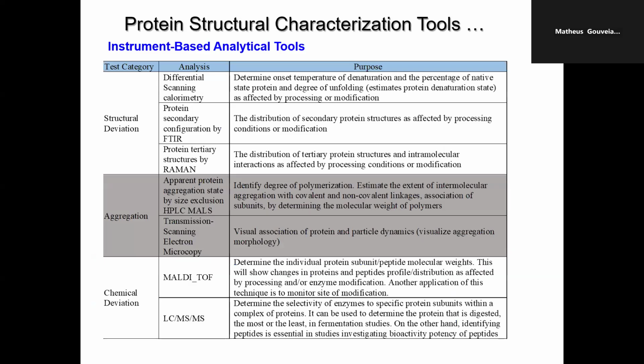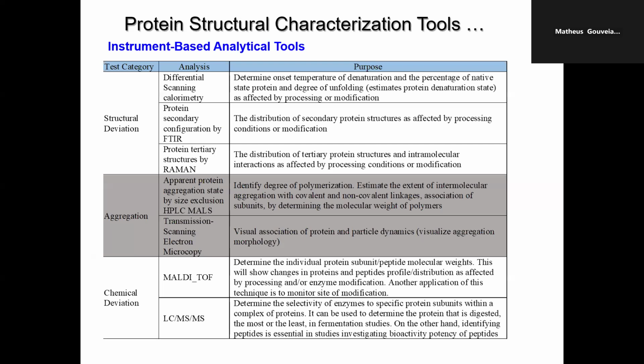So to continue from where we left off, we started talking about instrument-based methods. We talked about DSC, mostly used for identifying the denaturation temperature and the enthalpy of denaturation. Sometimes if the protein is completely denatured, we don't see any transition.